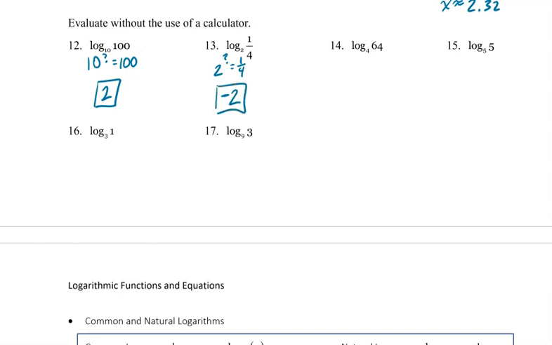So -2 would be our answer. All right, number 14. 4 to what power is 64? Well, it's 4 times 4 times 4. So that's 4 cubed. So the 3 is what we want.